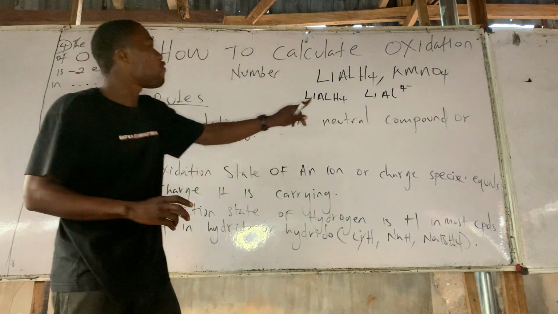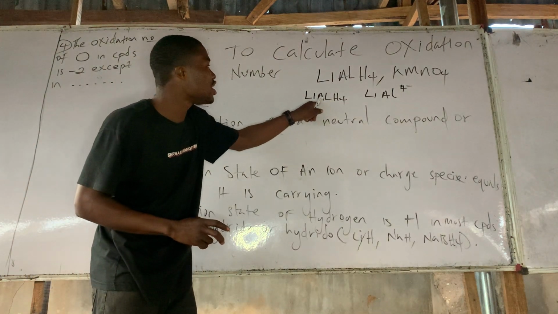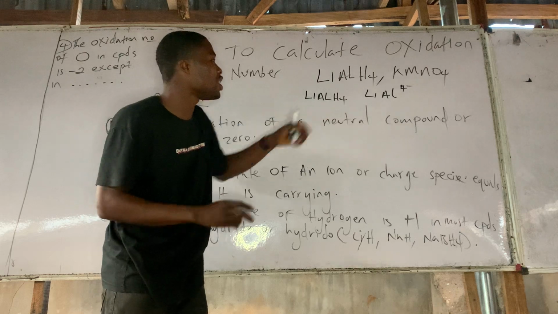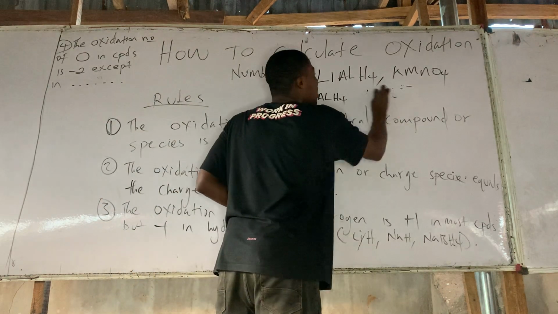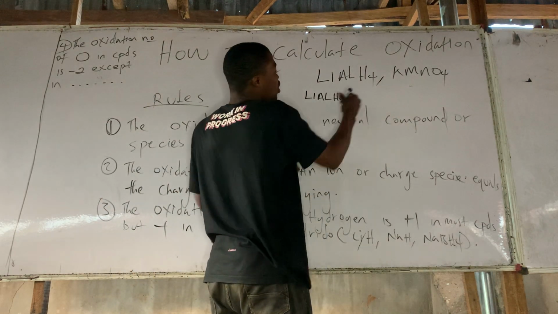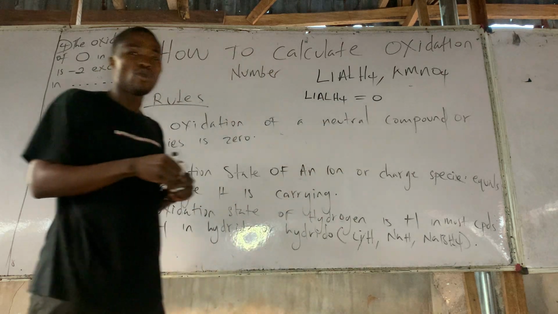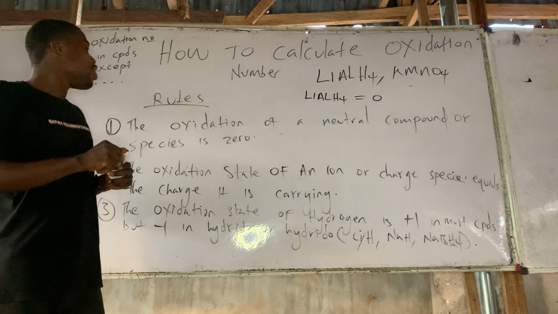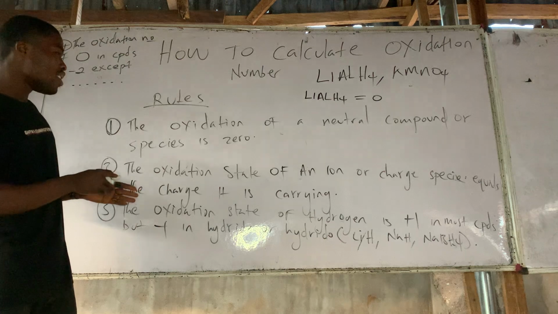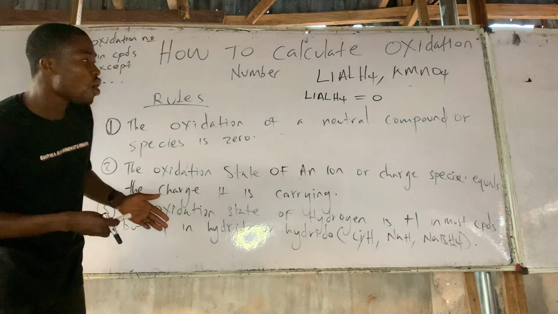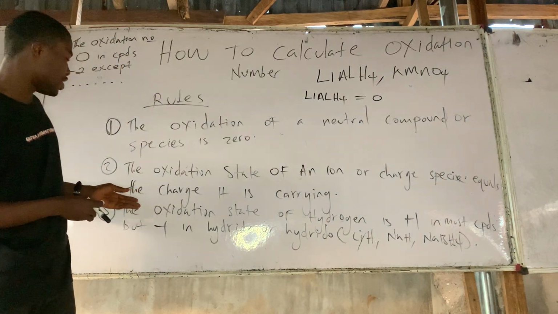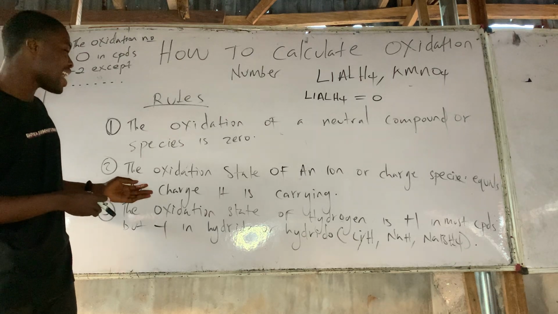For this neutral species, the oxidation number is equal to 0. So the total oxidation number of this compound will be equal to 0.